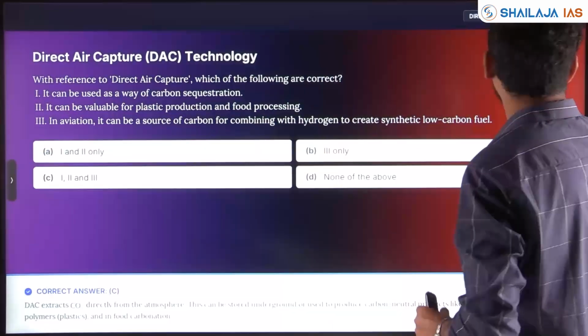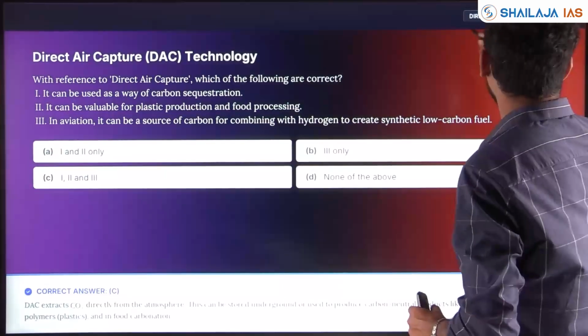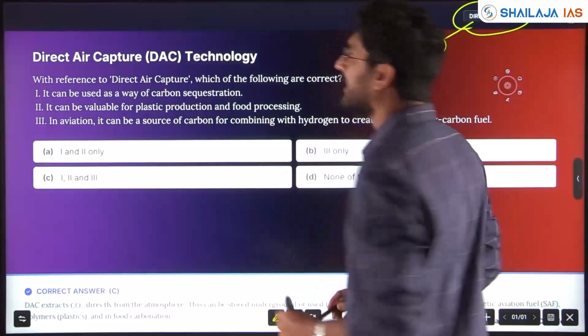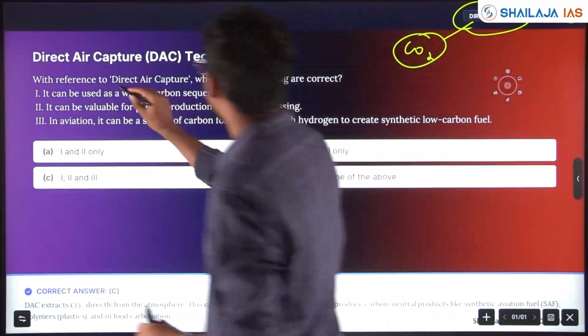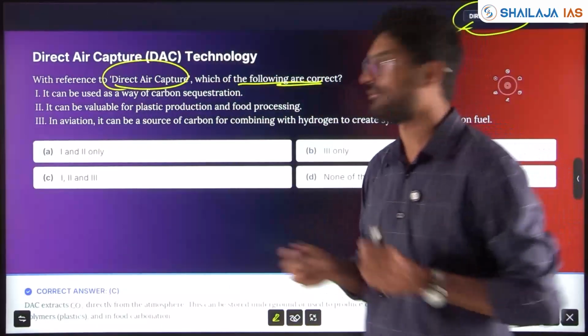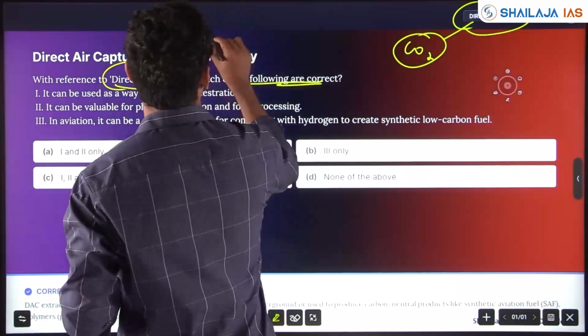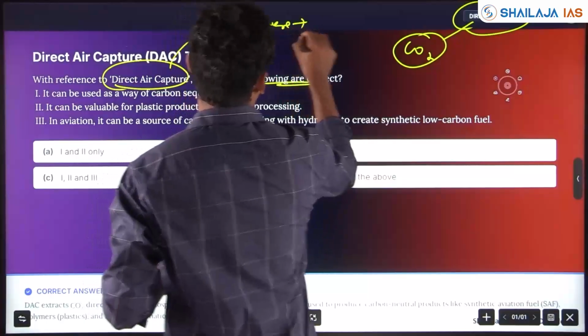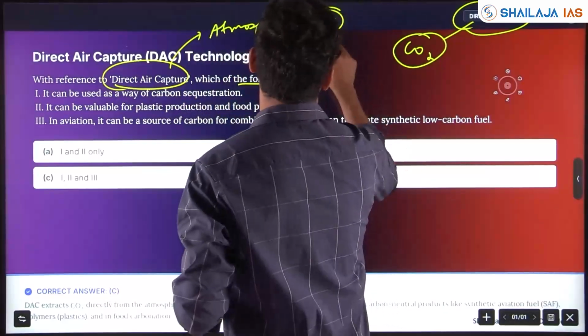Next, in 2025, again with respect to direct air capture, capturing of CO2. With reference to direct air capture, which of the following are correct? Even if you have not tried anywhere, what is direct air capture? Directly from atmosphere. It's capturing air. Mainly for what?